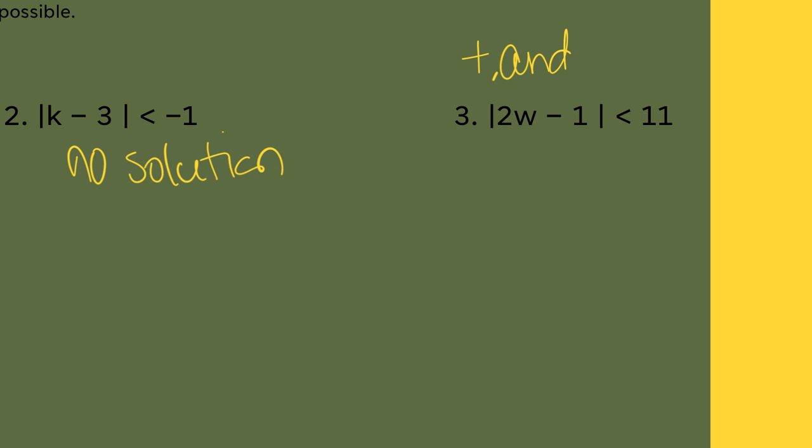When it's less than or equal to, it's going to be "and". When it's greater than or equal to, it's going to be "or". All right, so I'm going to have 2w minus 1 is less than 11 and 2w minus 1 greater than negative 11. Ooh, it's so small there.